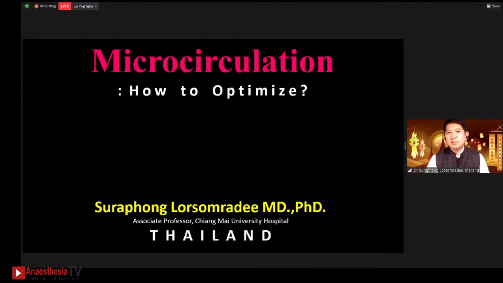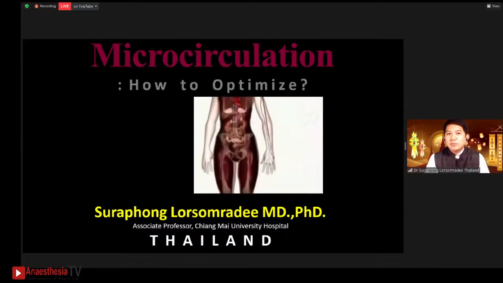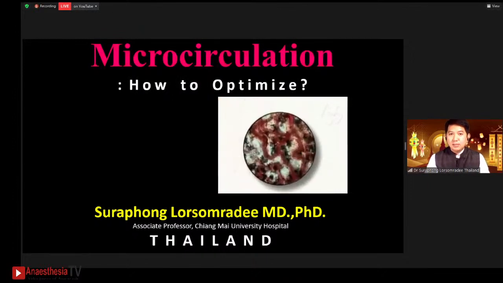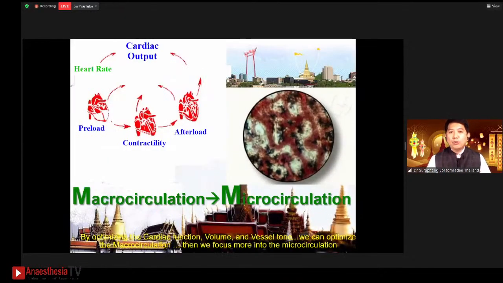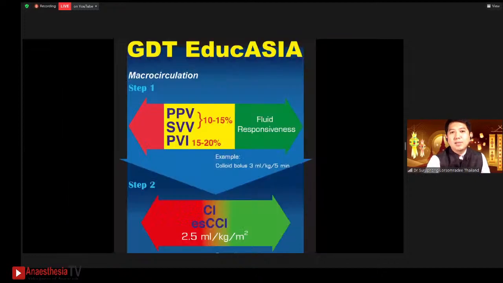The last step is the microcirculation. After we analyze the macrocirculation, we make sure that the macrocirculation is perfect. Next, we go to the microcirculation to make sure that our hemoglobin and oxygen are going to the specific organs very well, like the brain. How do we make sure of that? We optimize the macrocirculation.